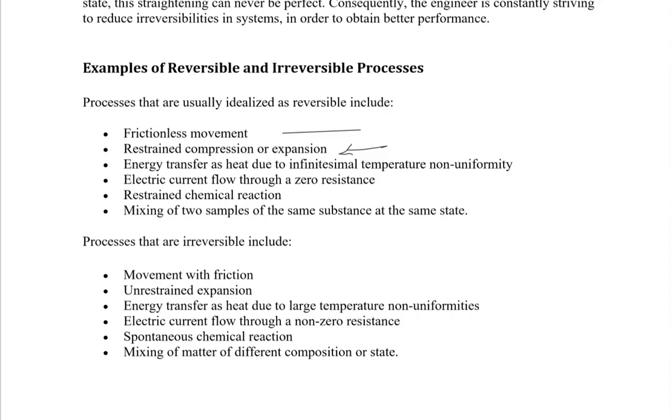Electric current in a zero resistor generates no entropy, so it is reversible. Restrained chemical reaction and mixing of two samples of the same substance at the same state would also be reversible. And obviously friction, unrestrained expansion, mixing of different matters of different composition and state, and spontaneous chemical reactions are examples of irreversible processes.